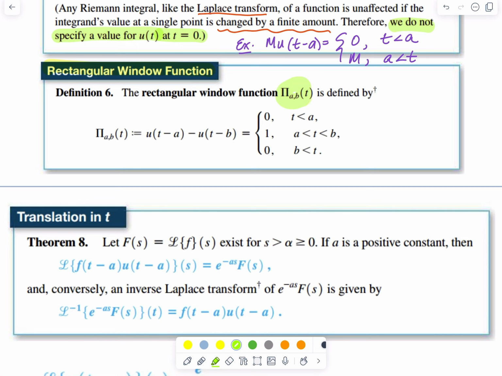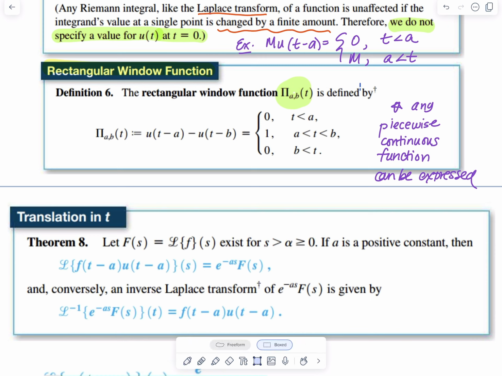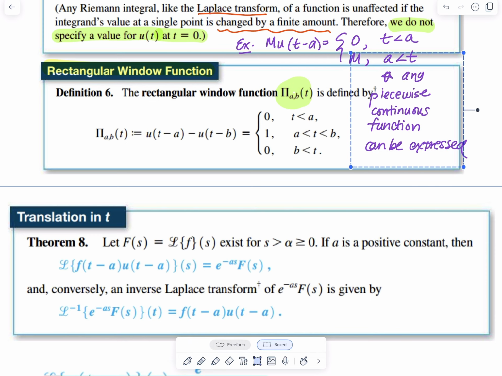And I do want to add that any piecewise continuous function can be expressed in terms of a window and a step function.